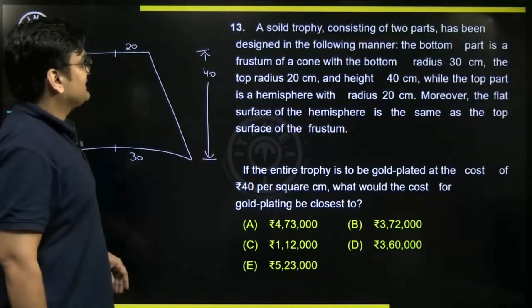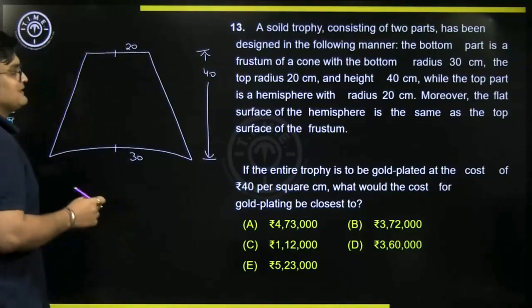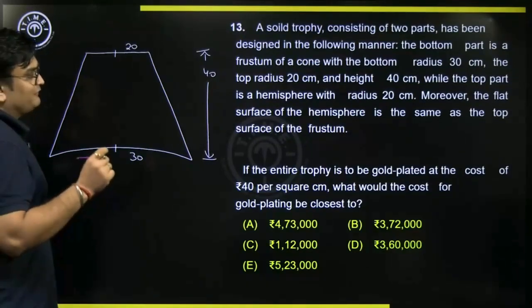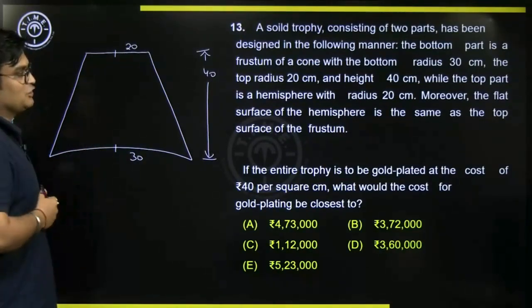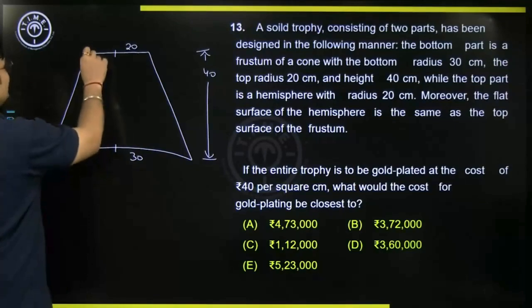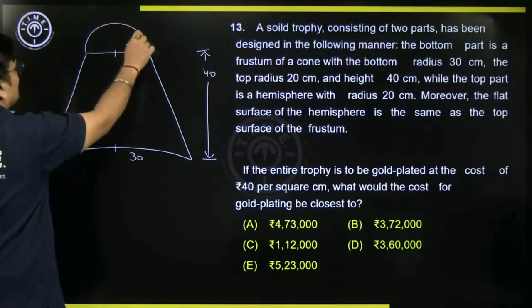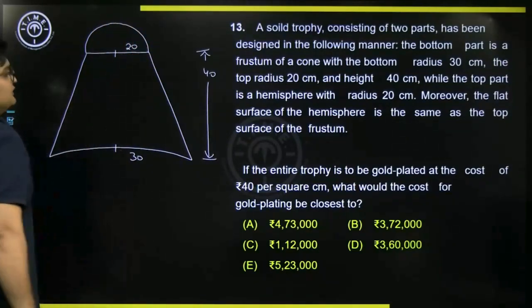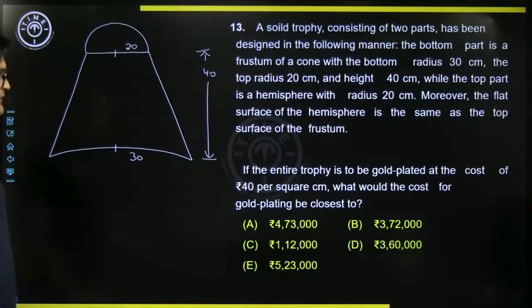While the top part is a hemisphere with a radius of 20 centimeter, moreover, the flat surface of the hemisphere is the same as the top surface of the frustum. So the hemisphere is placed like this on top of it. Radius is 20 for the hemisphere as well.